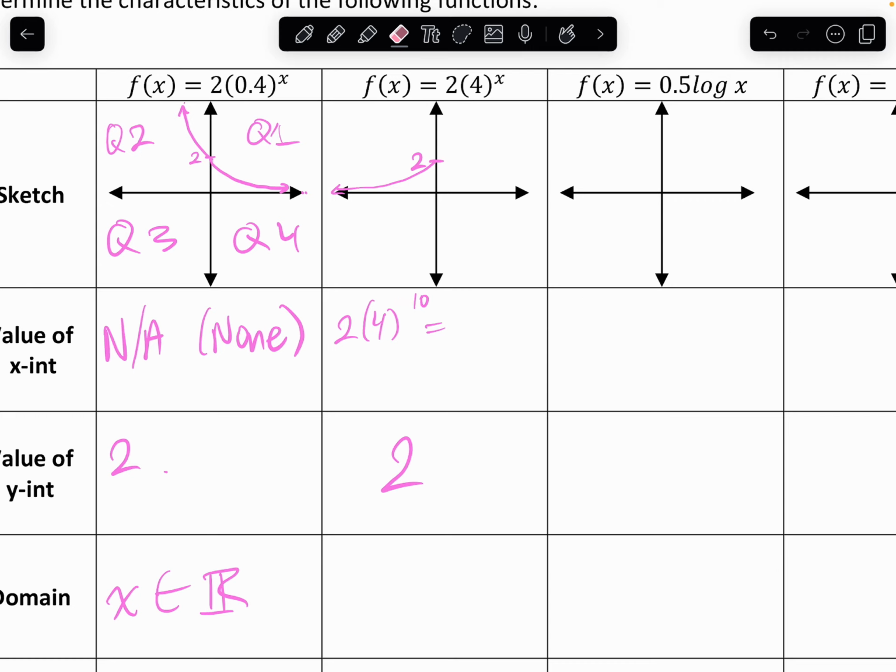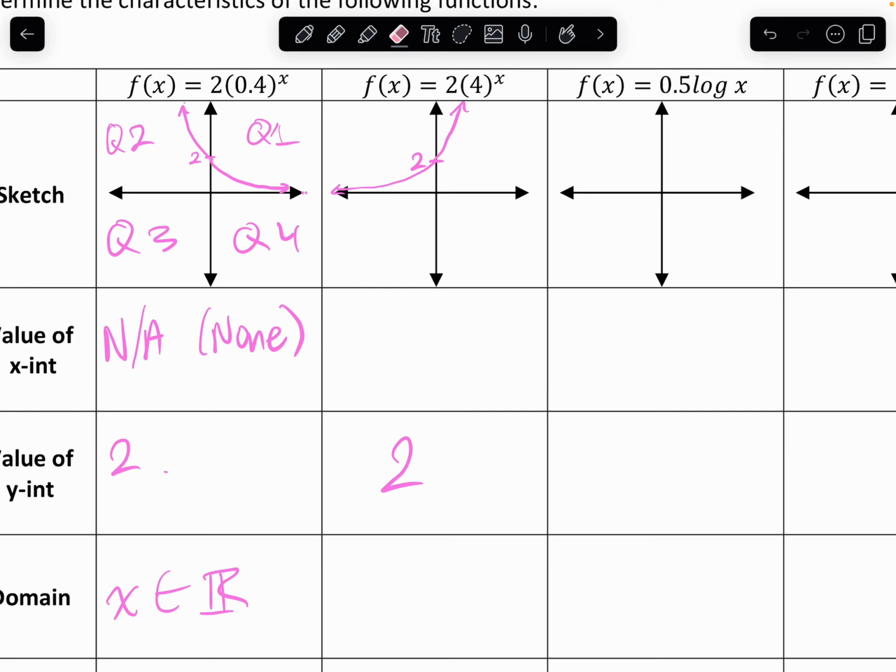And then, if we go really big, it's 2 times 4 to the power of 10, which is 2 times a really big number. Obviously creeping very far across the boxes, but it means the further we go this way, the higher up we go. And it's in an exponential fashion, so it's going to curve up very quickly like that. And we have our shape.